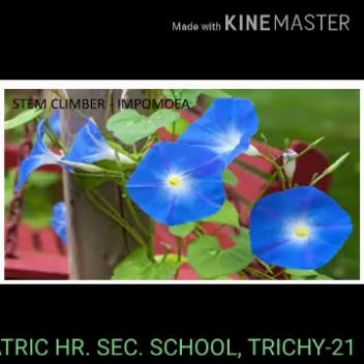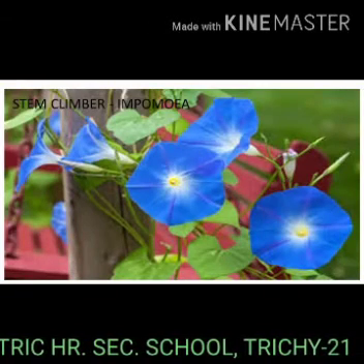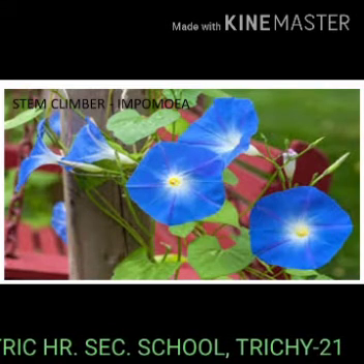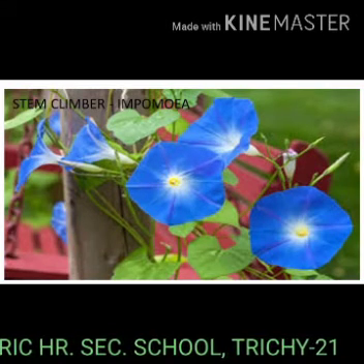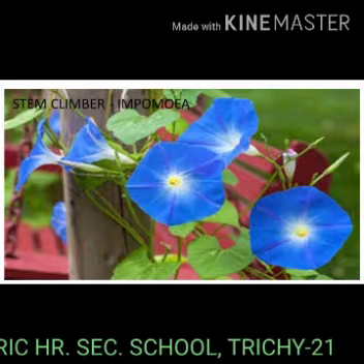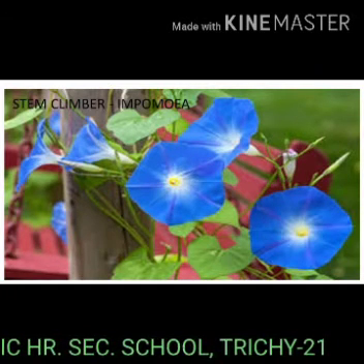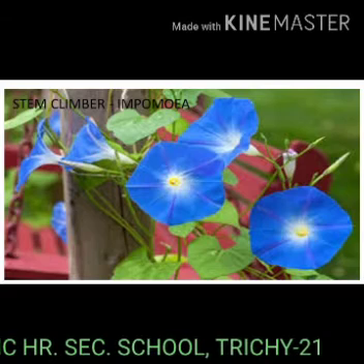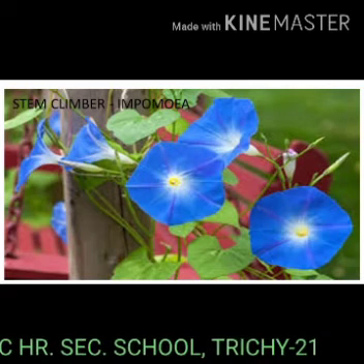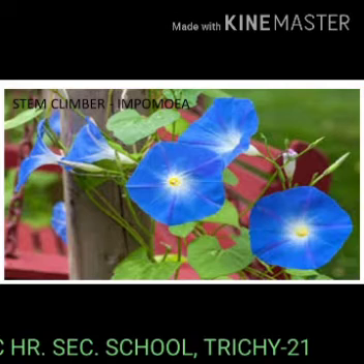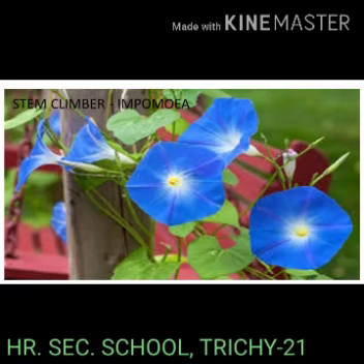Stem climbers. These climbers lack specialized structures for climbing and the stem itself coils round the support. Example, Ipomoea, Clitoria. Stem climbers may coil around the support either clockwise or anti-clockwise.